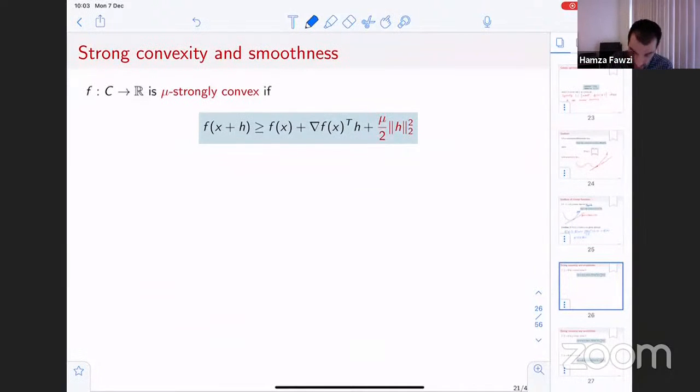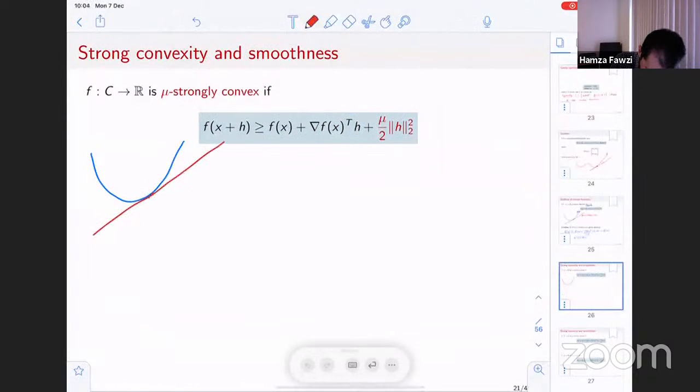So what this means is if I have my function here, that's f, and I have my linear approximation. This is what you get by just having the first two terms.